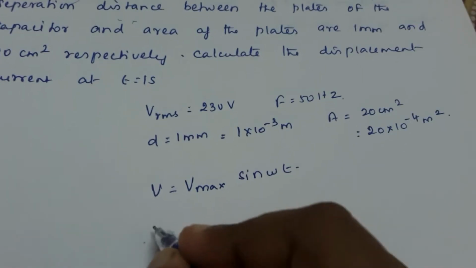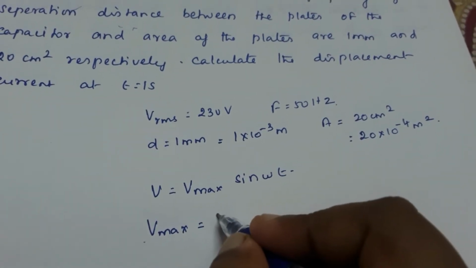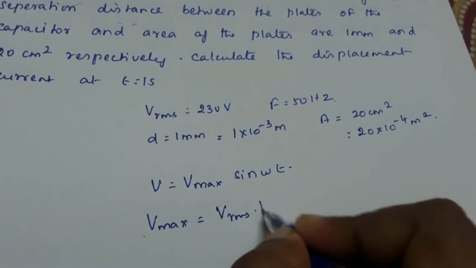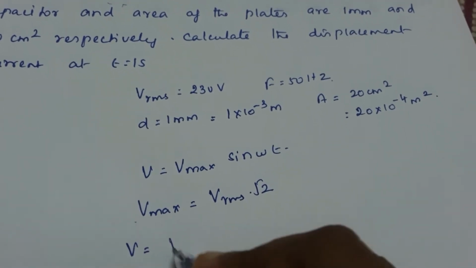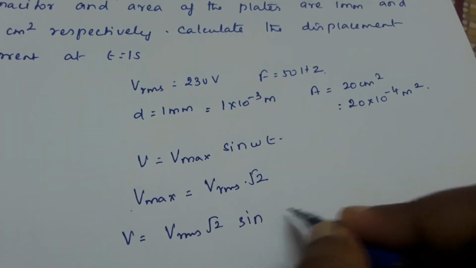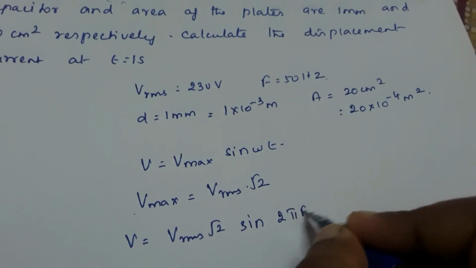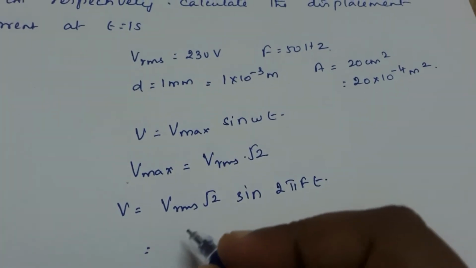Now what is V maximum? V maximum is equal to V RMS into root 2. So we can write V is equal to V RMS root 2 sine, omega is 2 pi f, into t. So I am going to substitute here.